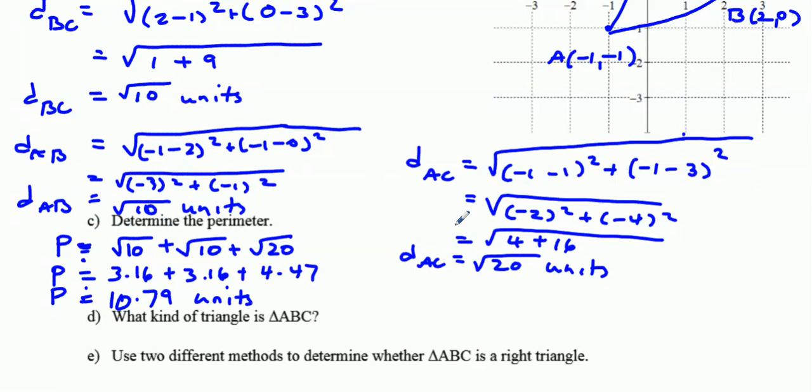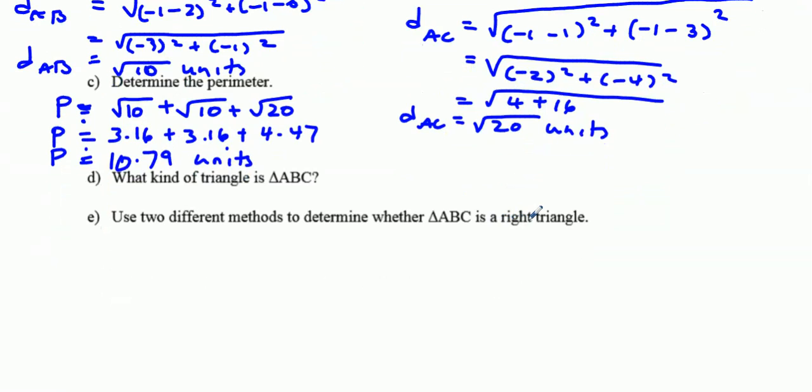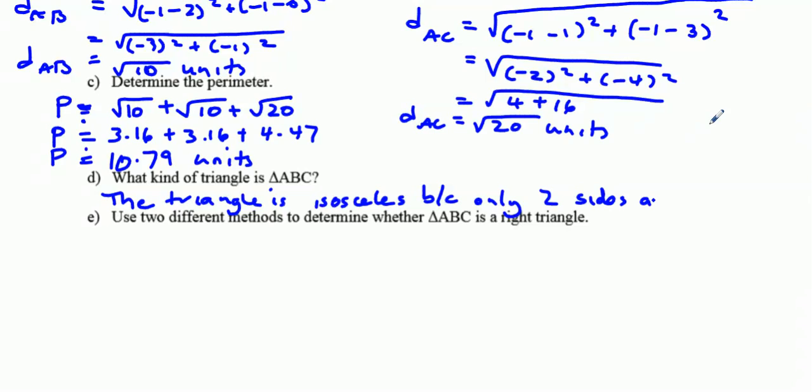What kind of triangle is ABC? And so from the lengths, I can tell that the triangle is isosceles. And I'll just write why as well, because only 2 side lengths are the same.